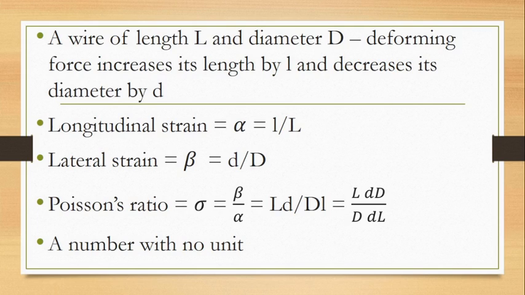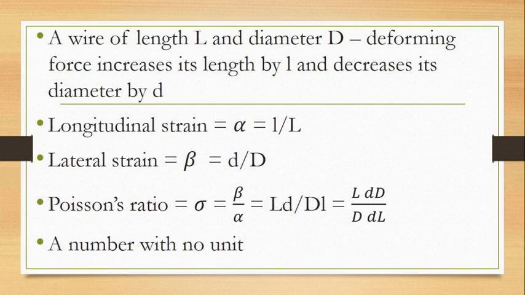This equation can also be written in differential form by substituting small l, the change in length, as dl and change in diameter as dd. So L into dd divided by D into dl.